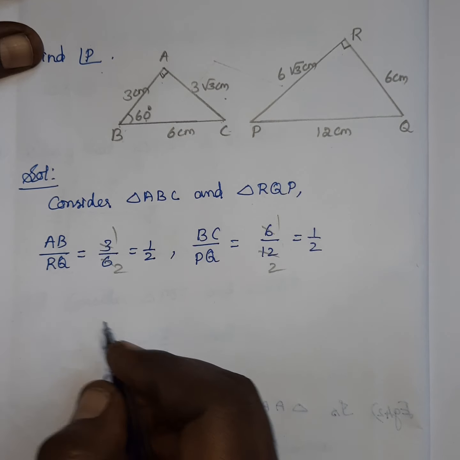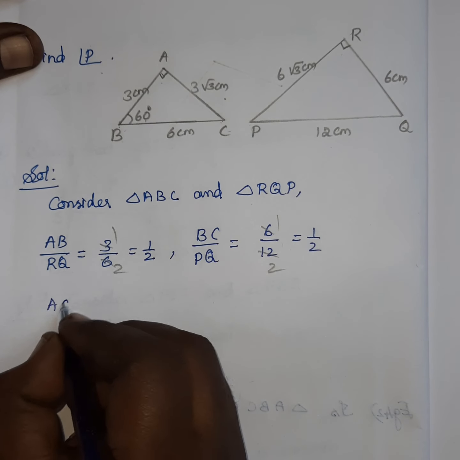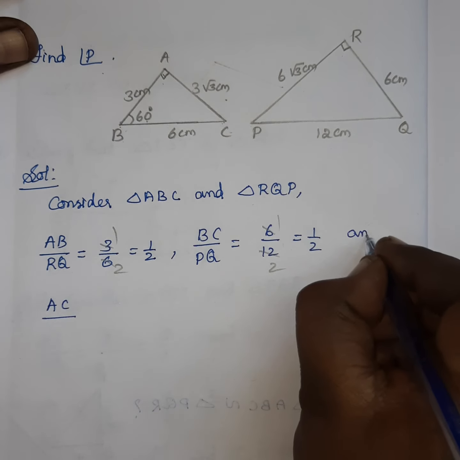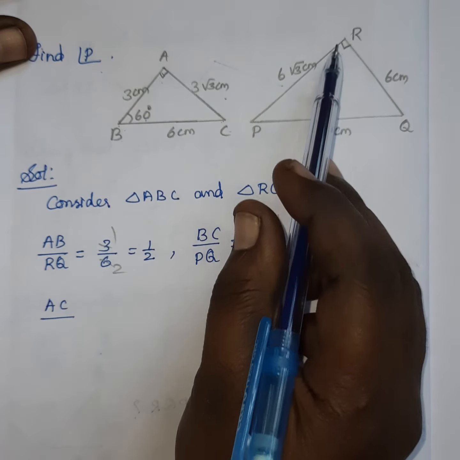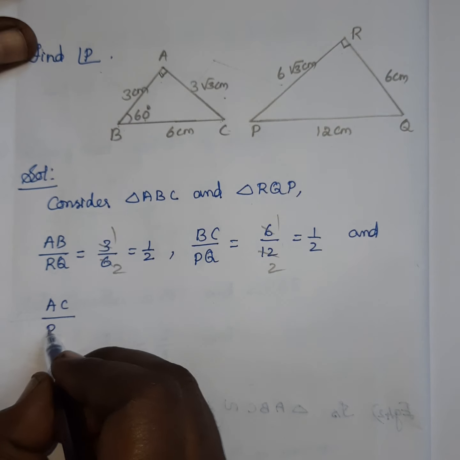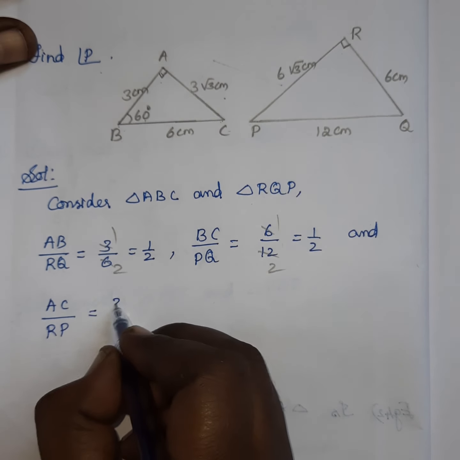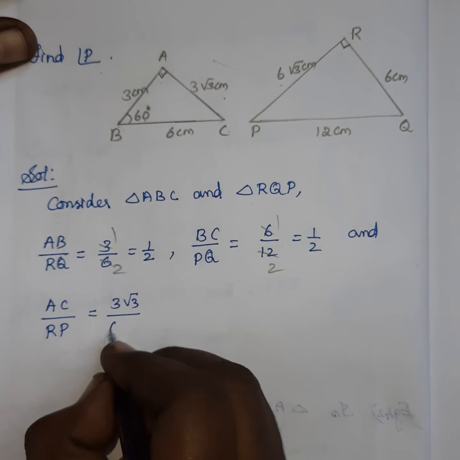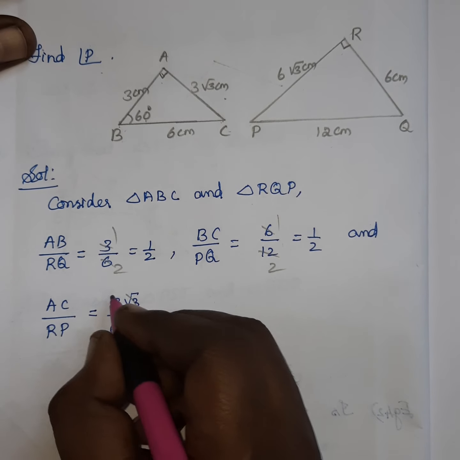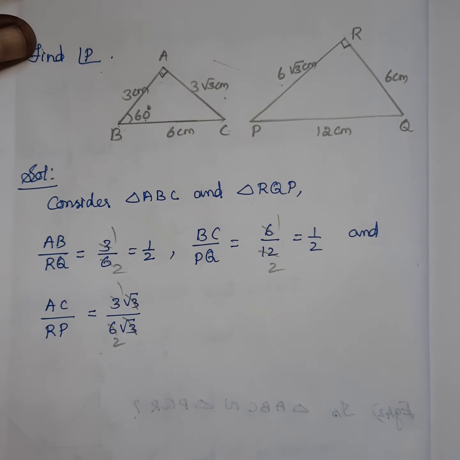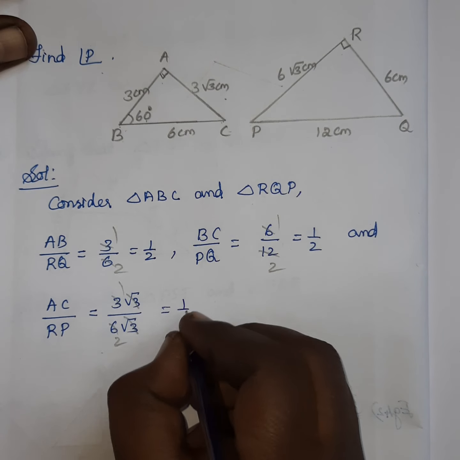Then third ratio, it is AC divided by, here A vertex, so this is RP, is equal to 3 root 3 divided by 6 root 3. Okay, so root 3 you can cancel, 1 3 is 3, 2 3s are 6, so you will get 1 by 2.